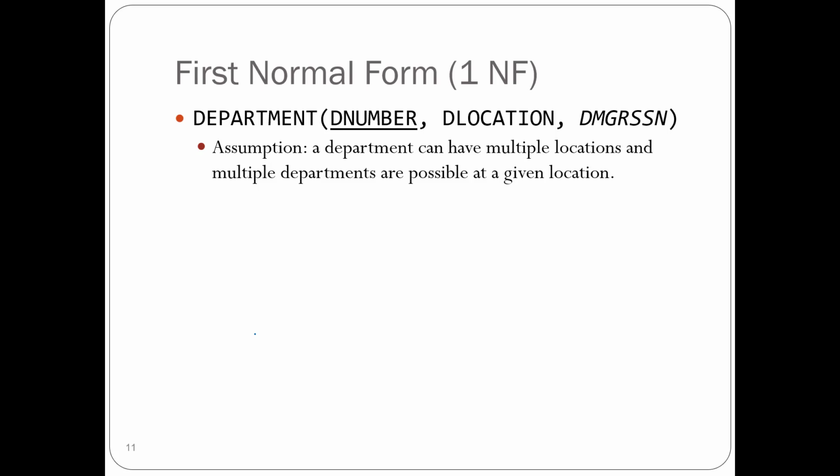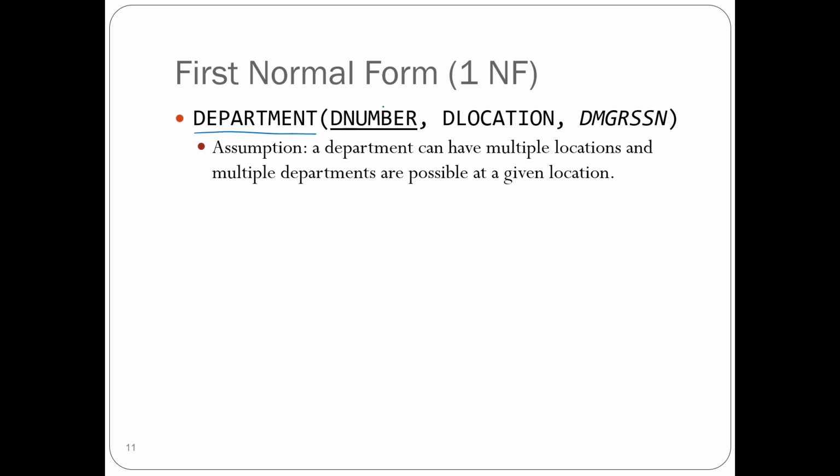Now we have another very interesting example of the first normal form, where we would see whether the given relation is in first normal form or not. If not, then how can we change that to first normal form? So the example of the relation that you're looking at here is department. It's a department relation.